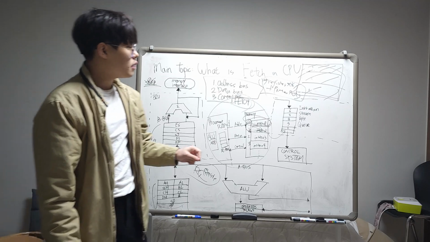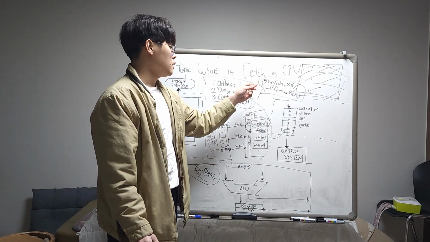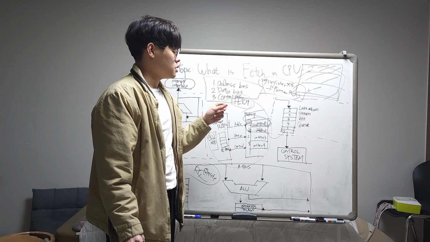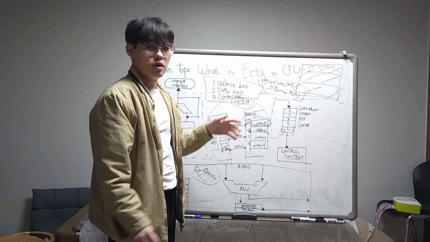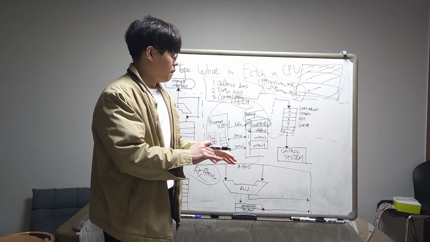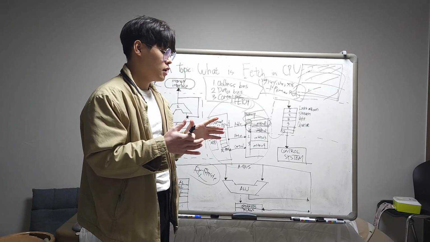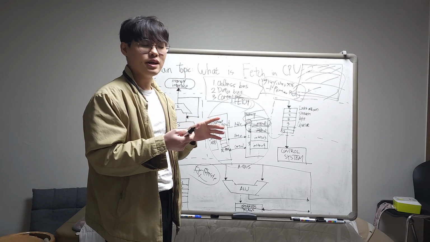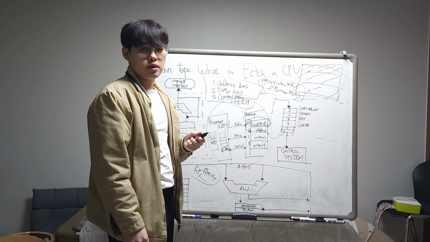In the next video, I'm going to try to talk about the decode, because we talked about fetch. What I'm really worried about is that I'm implementing the fetch in my code, but the decode is really hard and really confusing. I don't know if it's practical.